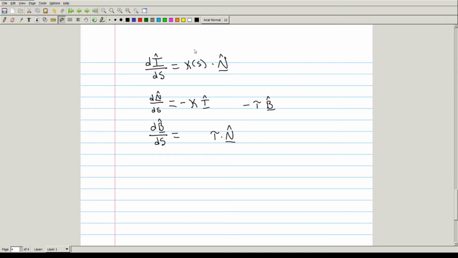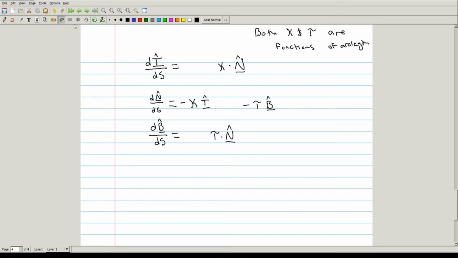So we've clearly, without a shadow of a doubt, shown the following. I'm going to remove the functional dependence here, but remember that both kappa, so curvature, and torsion, tau, are functions of arc length. So they are changing along the curve as you travel on the curve.